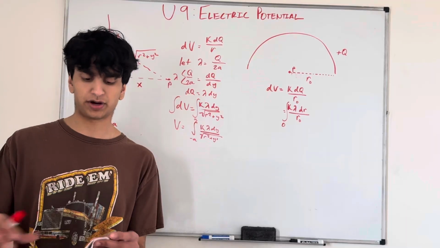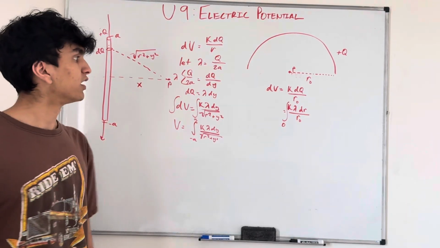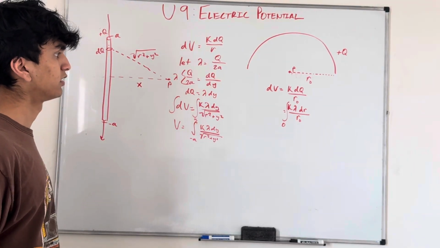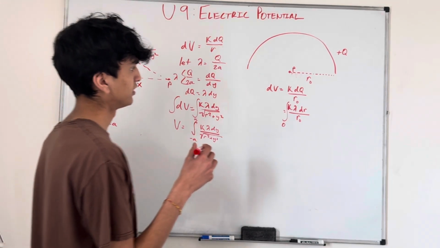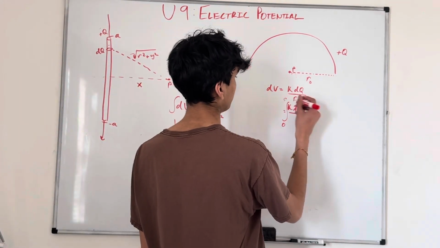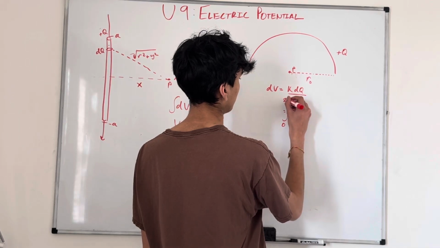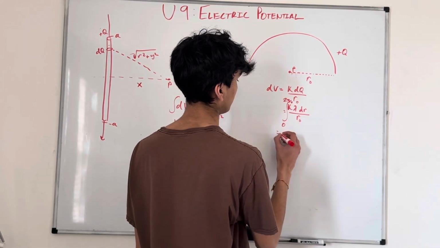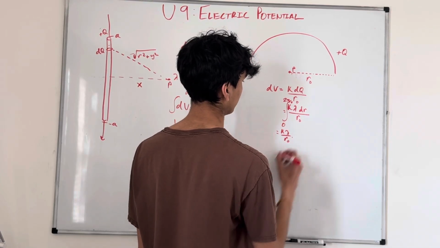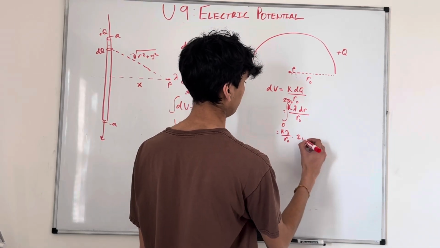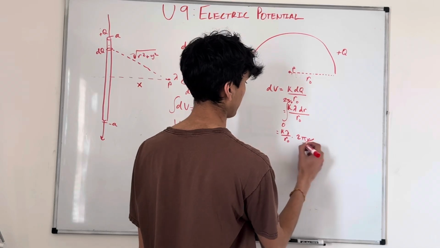Okay, let's do it another way. Oh wait, maybe it is just 2 pi r initial. And then you pull out the k lambda r initial, that's all constants, times 2 pi r initial, that crosses off.